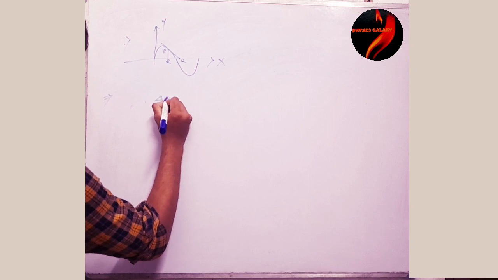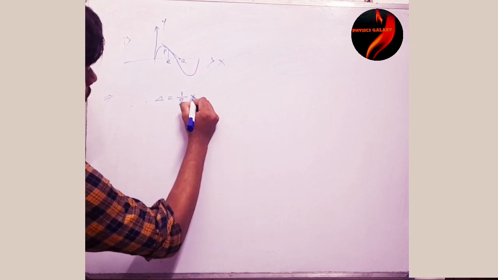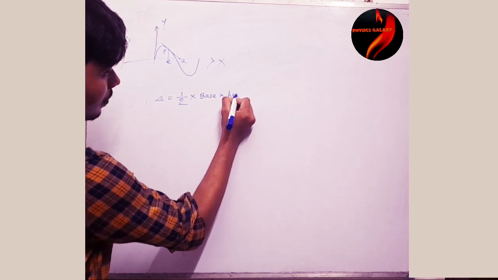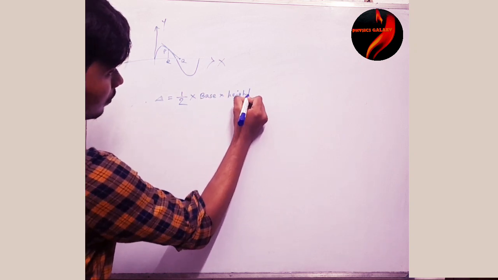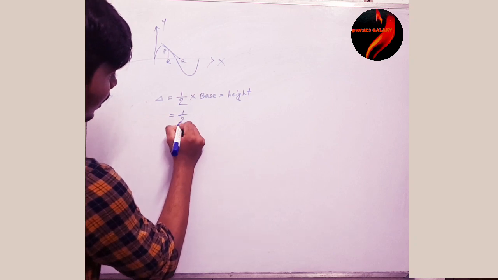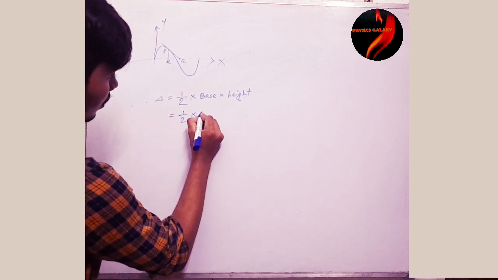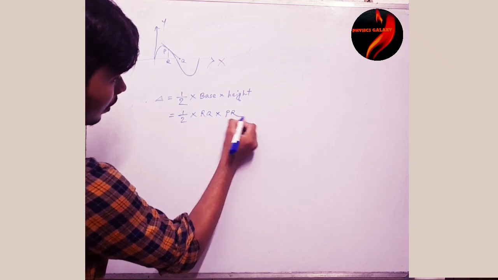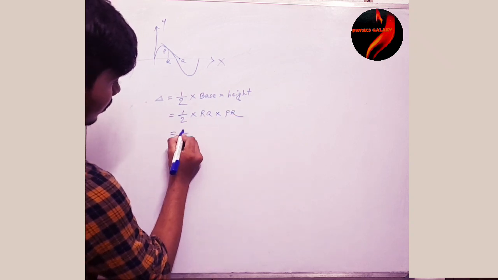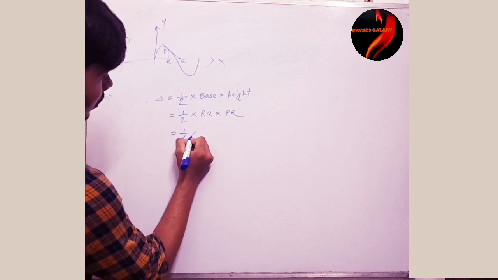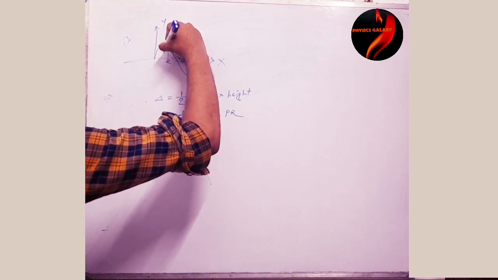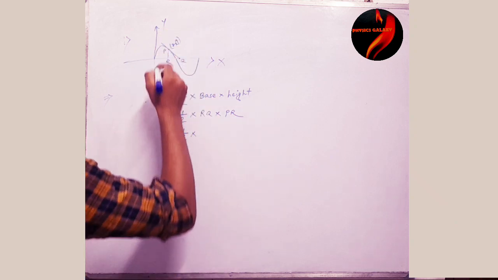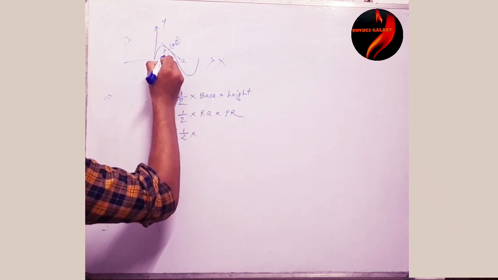First of all, we know that the area of this triangle, delta, equals half into base into height. Here base is RQ and height is PR. If we take this point as an (x, y) point, then this height should be y.